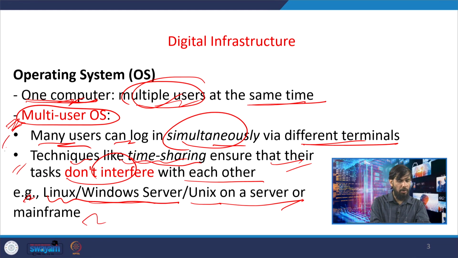When we say multi-user OS, we are talking about a server scenario. The computer is acting as a server supporting multiple users, who can log in simultaneously via different terminals. The same computing resources are shared, or time shared, by these multiple users.